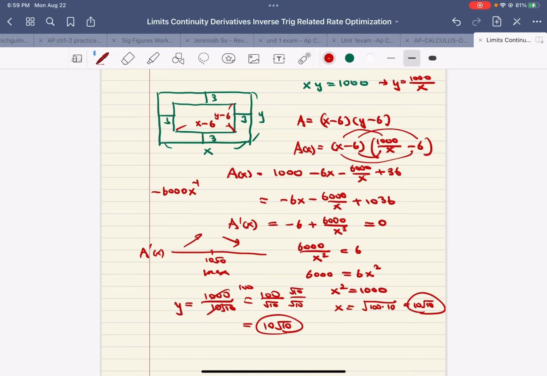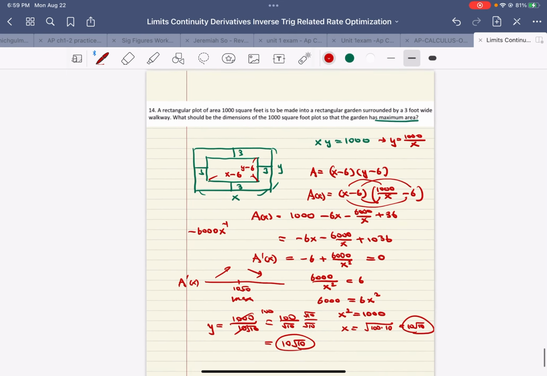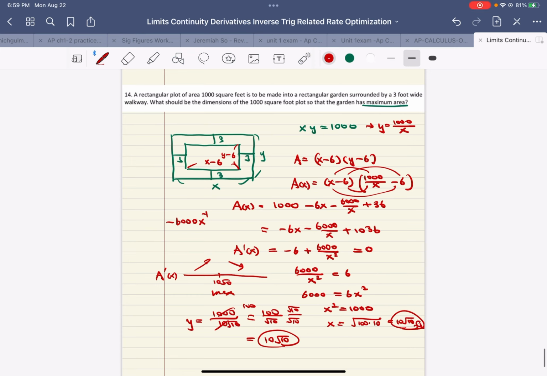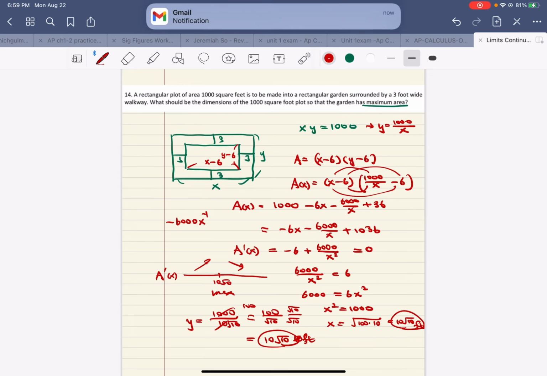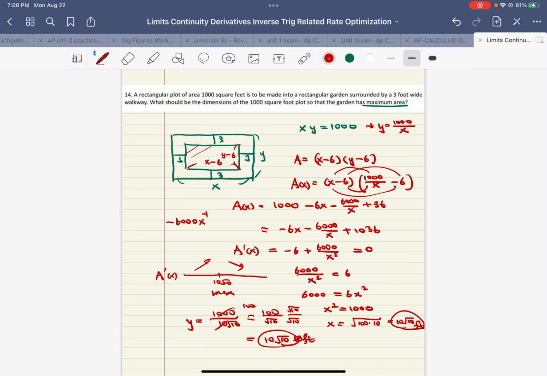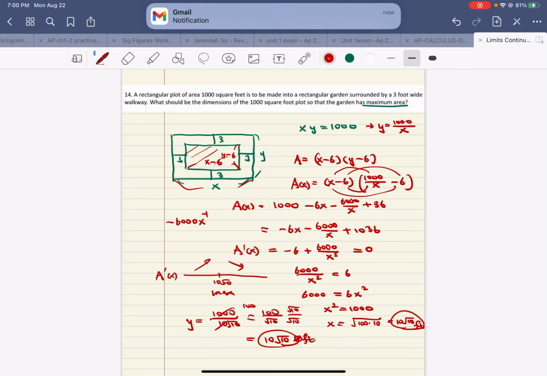Okay. The unit is feet. 10 root 10, 10 root 10 feet. So to have a maximum area, you need to have that dimension for the plot. So this one is 10 root 10, and this y value also 10 root 10. Okay, that's it for this video.